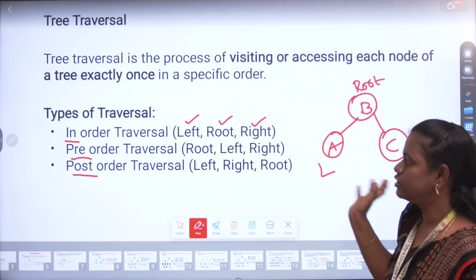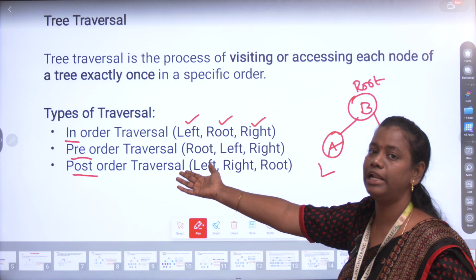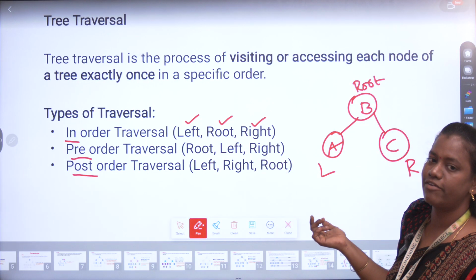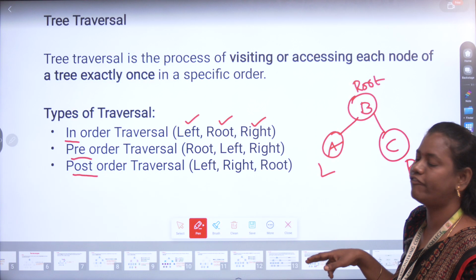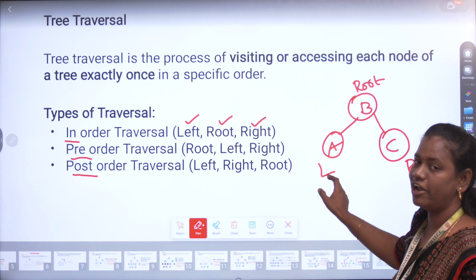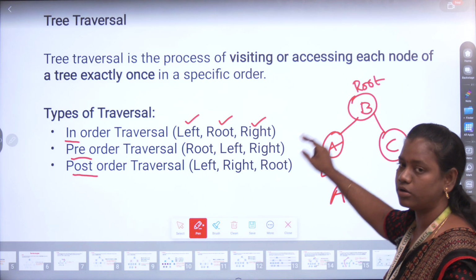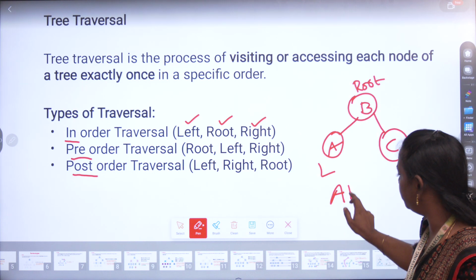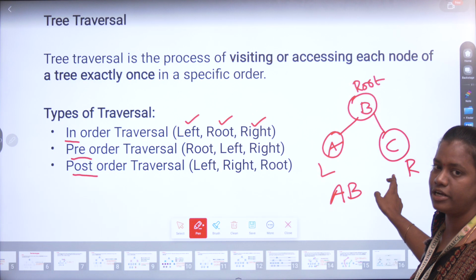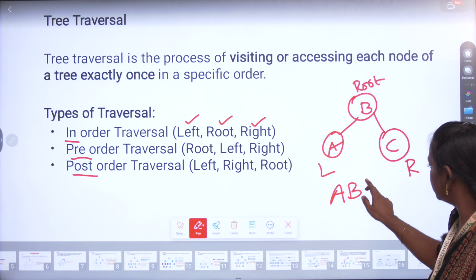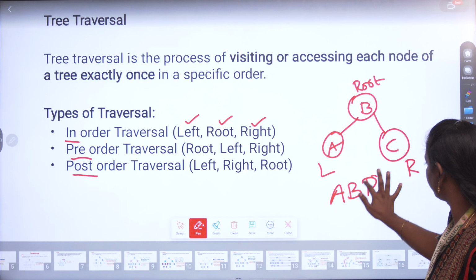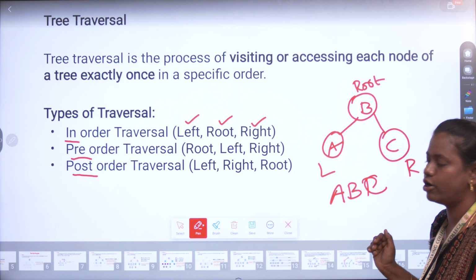So in in-order traversal, first we need to visit the left node. For this tree, your left is A. So first we visit A, and then the root node, that is B, and then the right node, that is C. So this is your in-order traversal.